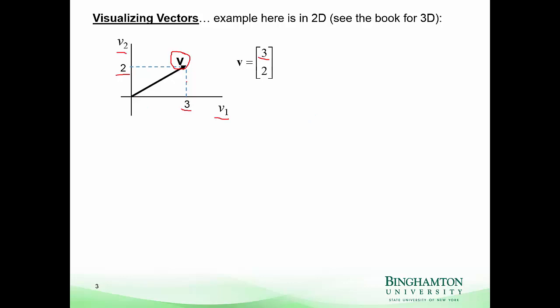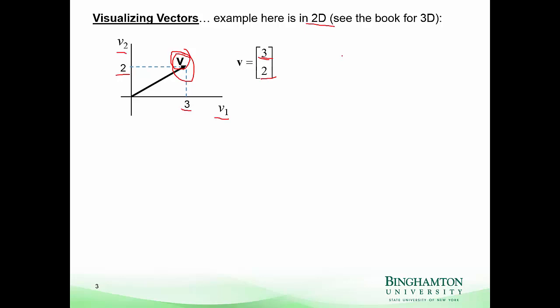By looking at that, we can easily visualize what that thing looks like. By picking different values, we can put this vector anywhere in this two-dimensional plane. So we can see that a two-element vector can be anywhere in a two-dimensional plane.